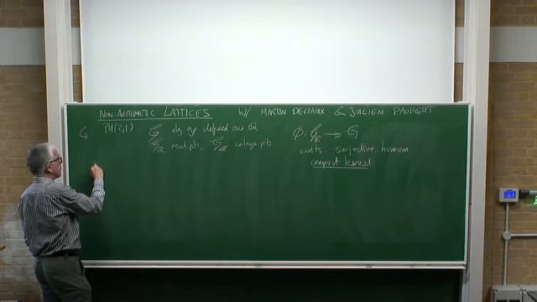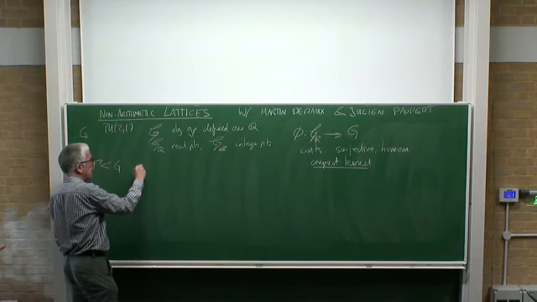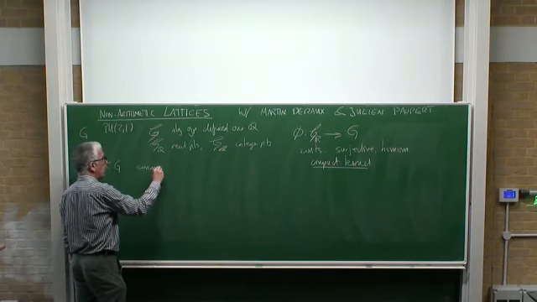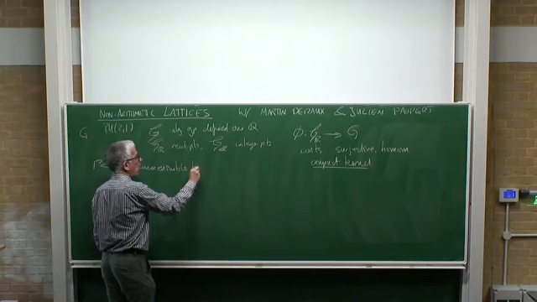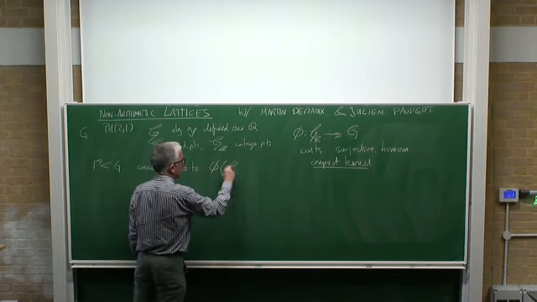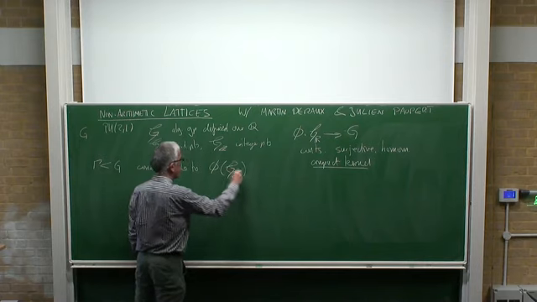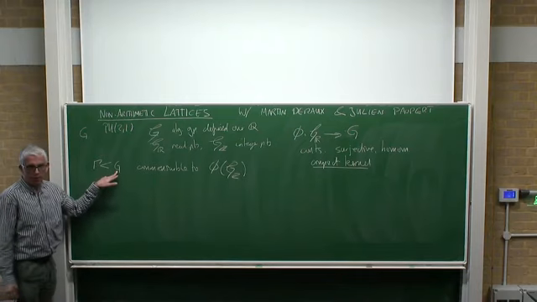Then, if gamma is a subgroup of G, and that is commensurable to phi of G_Z, then gamma is an arithmetic subgroup of G.